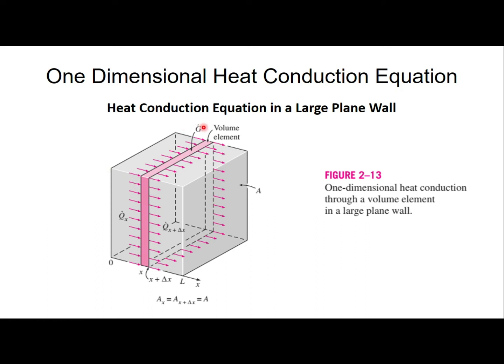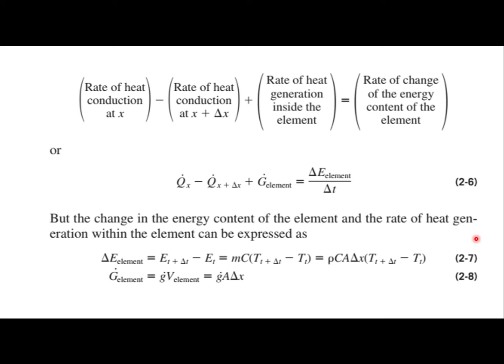And this G is the rate of heat generation, and this is the wall which is under consideration for the development of the one-dimensional heat conduction equation. Let us try to put the energy balance on this thin element that we have seen in the previous slide.